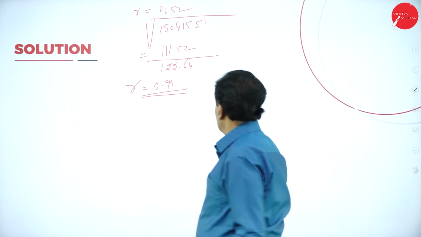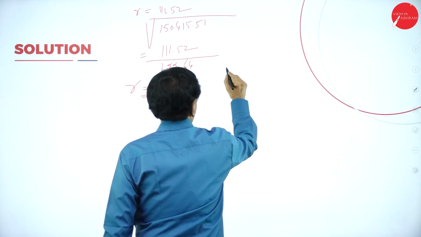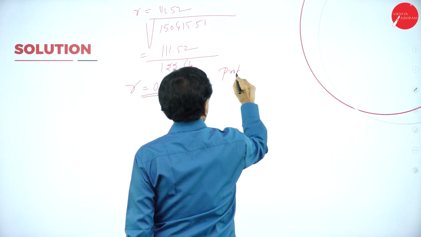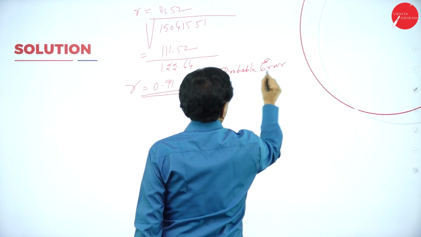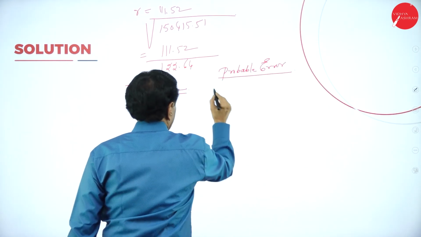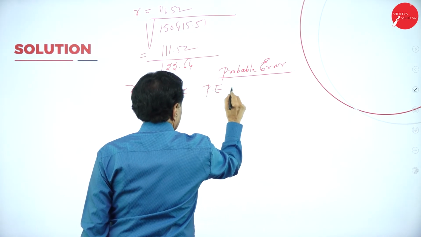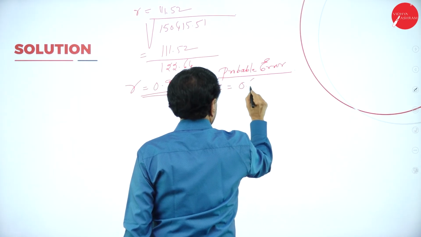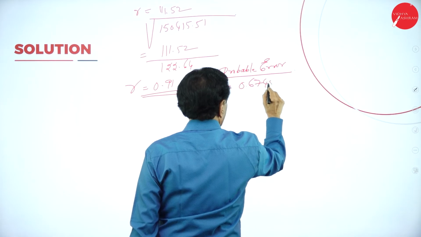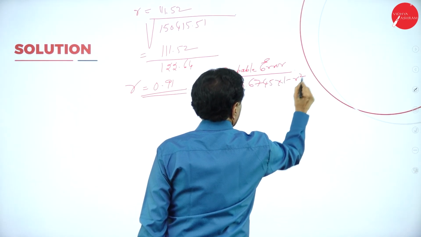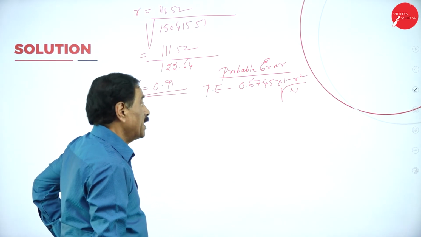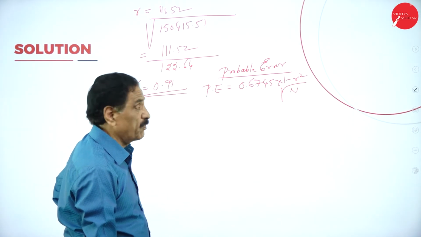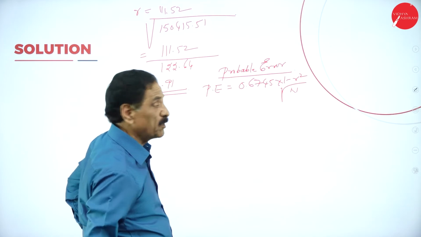So we'll apply probable error. Probable error, it is called PE. This is the formula. Probable error is equal to 0.6745 into 1 minus R square divided by root n.